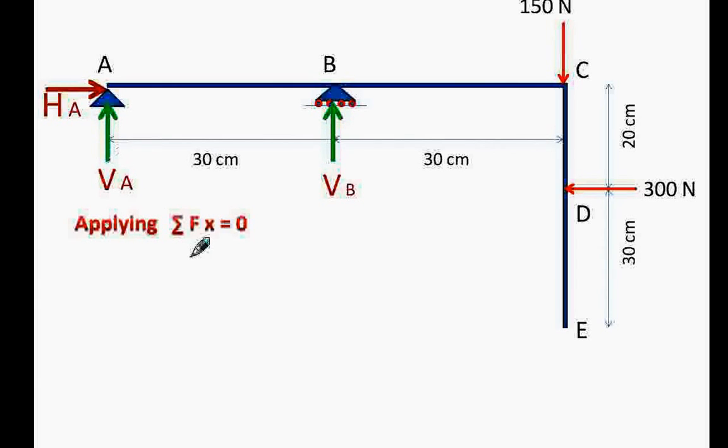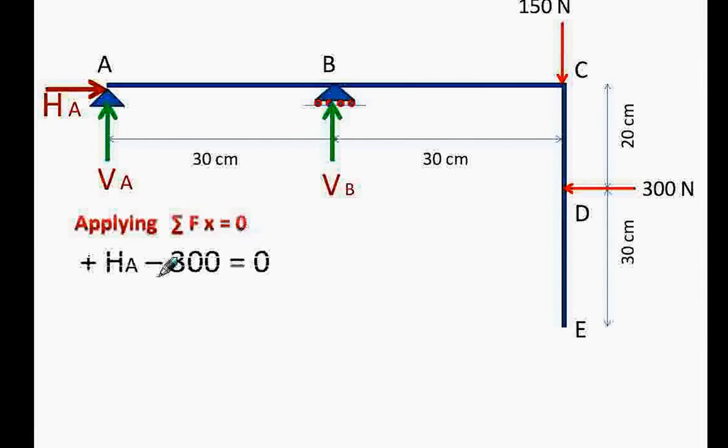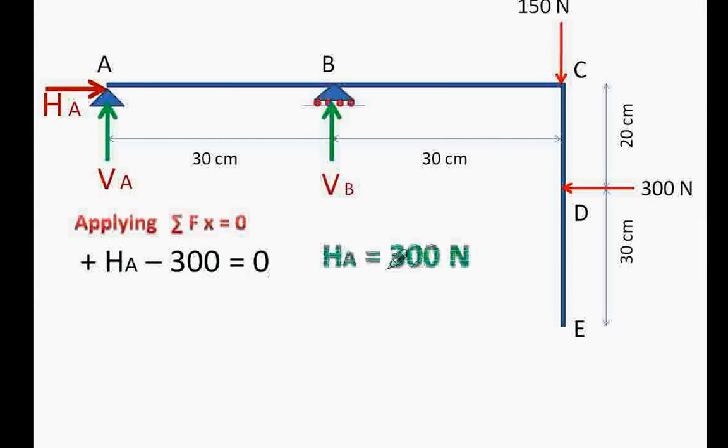So when we apply sigma Fx, only this force and this force. We know the summation of those two forces must be equal to 0. That means plus HA, because it is acting towards the positive x-axis, minus 300, this is acting towards the negative x-axis. So HA minus 300 must be equal to 0. So we got one unknown: HA equal to 300 Newtons.